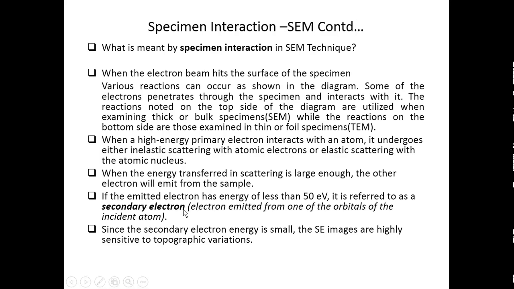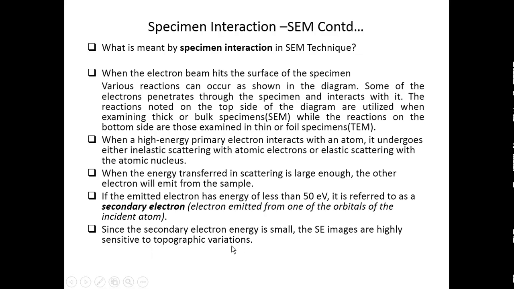So those are all called secondary electrons. Since the secondary electron energy is small, the secondary emission images are highly sensitive to topographic variation. SEM images means scanning electron microscope images. So that image will be very sensitive to topographic variation. That is, very sensitive to topography.